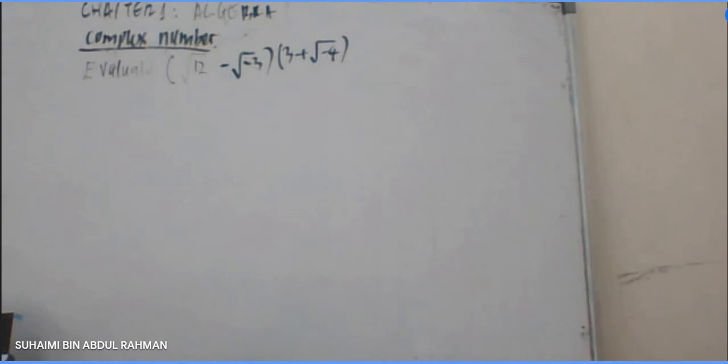Square root of 12 minus square root of -3 times 3 plus square root of -4.